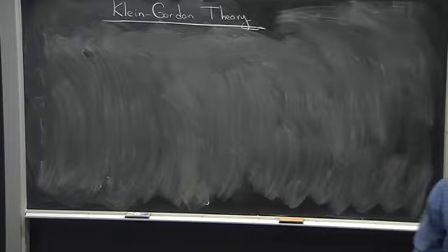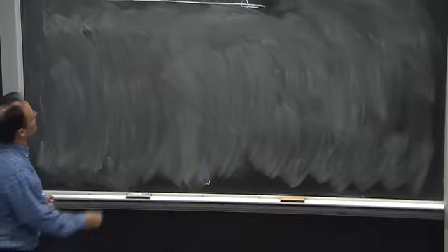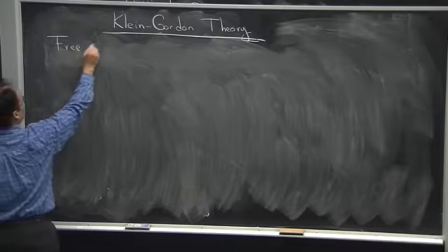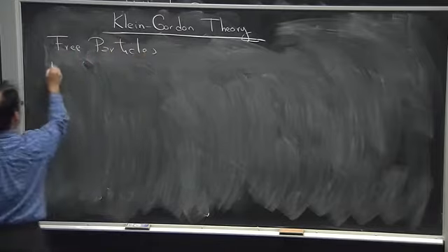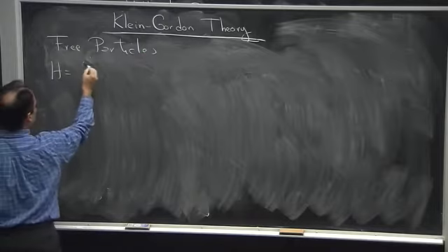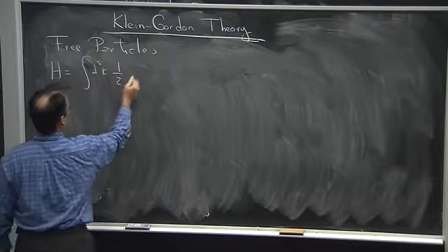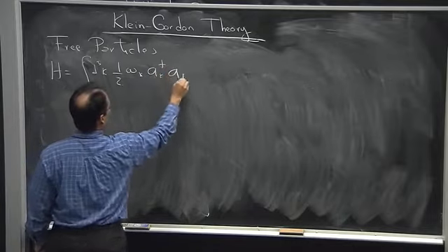Okay, so let's go on, and let's discuss the Hilbert space as we were trying. So we have our Hamiltonian, which is the integral d^3k. Let's forget about the vacuum energy and just write our Hamiltonian here.